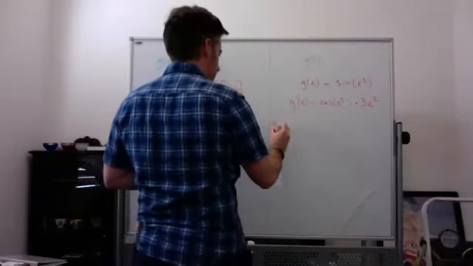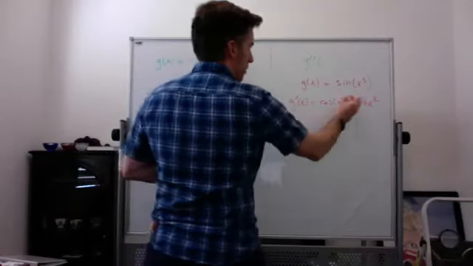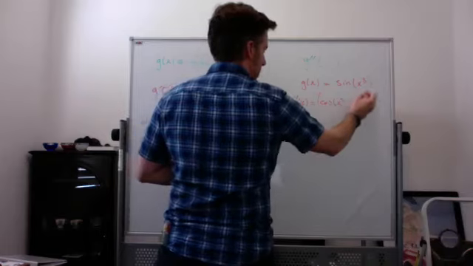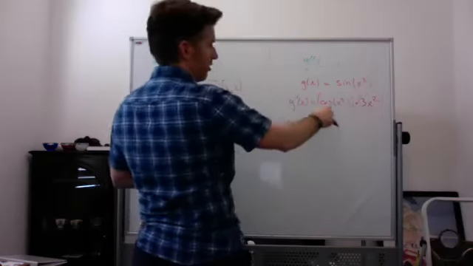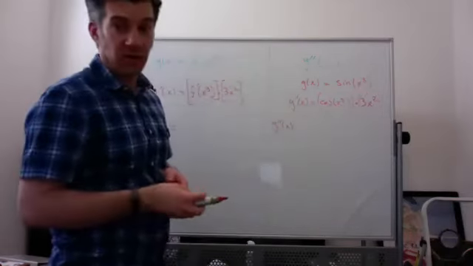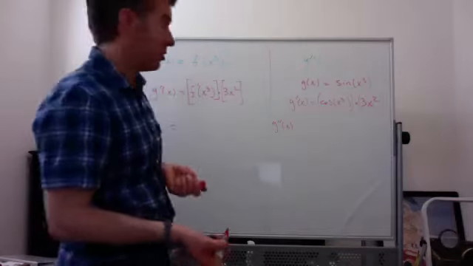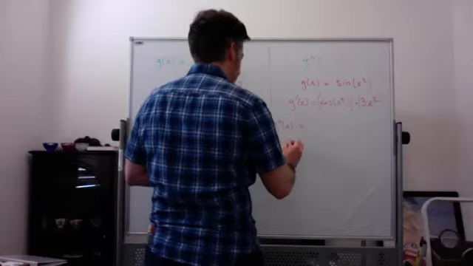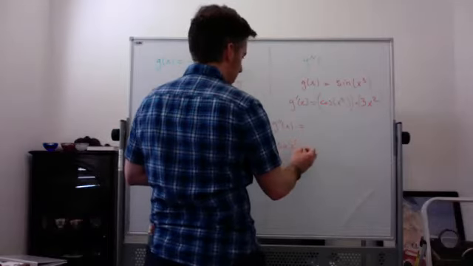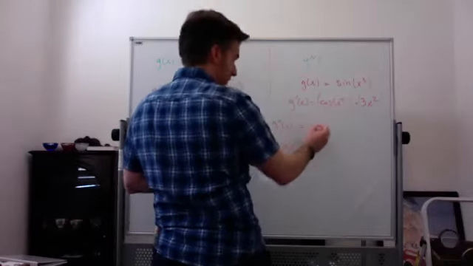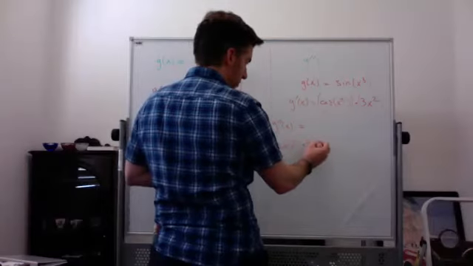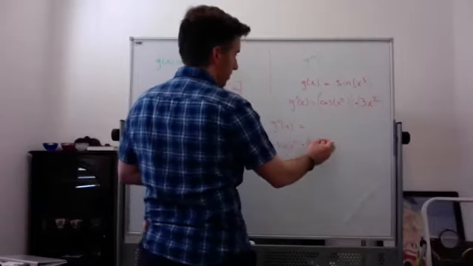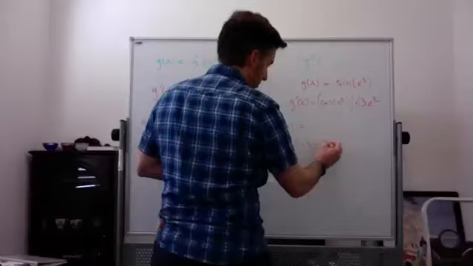Okay, so to find the second derivative, we're going to do this piece times this piece. So the derivative of cosine of x cubed, well, we're going to take the derivative of cosine. The derivative of cosine of some stuff is negative sine of that stuff. And then I need to multiply that by the derivative of this stuff, which is 3x squared. And then I also need to multiply by the other piece over here.